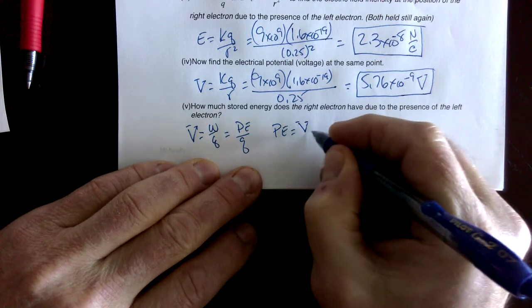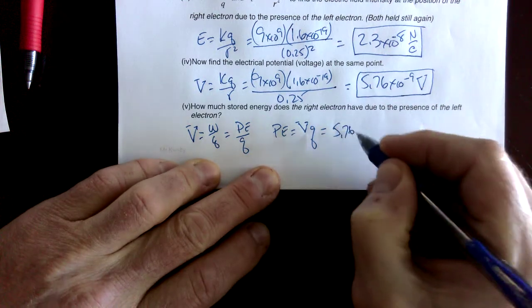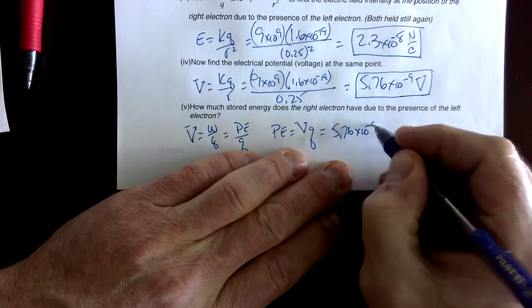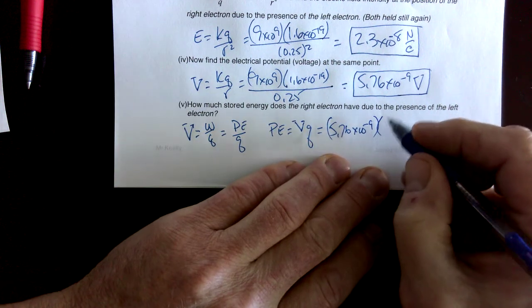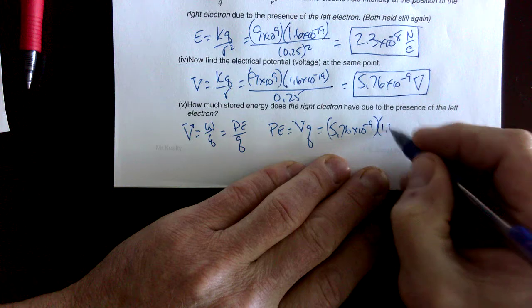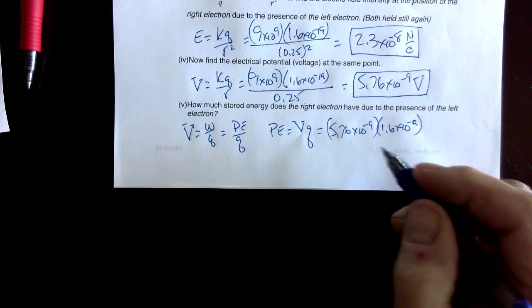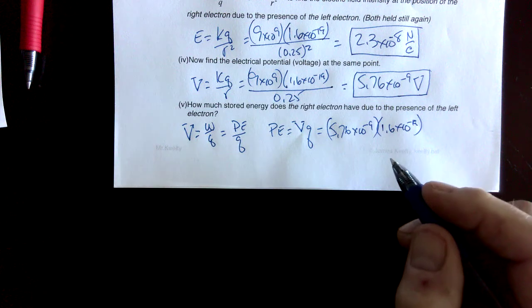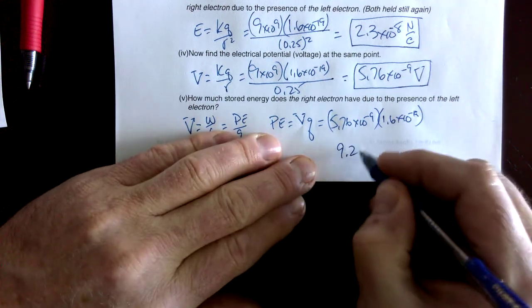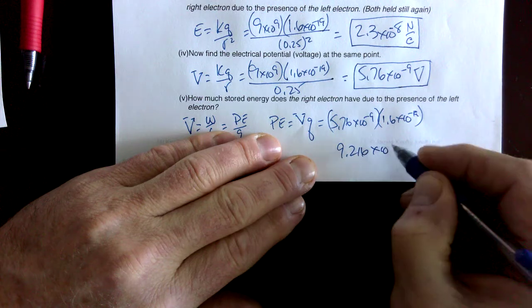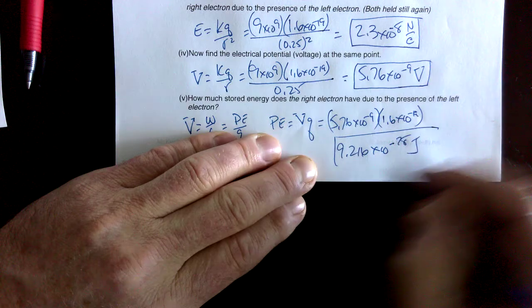Voltage times charge, so I'd have 5.76 times 10 to the minus 9th volts times the charge on an electron. And again, I'm not going to include the sign. 1.6 times 10 to the minus 19th coulombs, which gives us a little tiny bit of energy of 9.216 times 10 to the minus 28th joules. Not a whole heck of a lot.